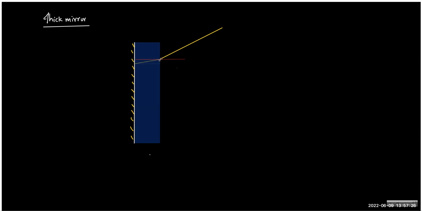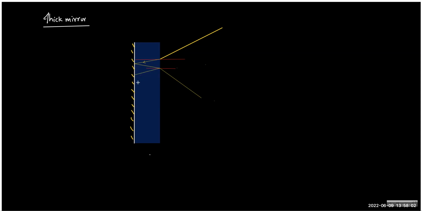Okay. So now it will hit the mirror, and after hitting, it will reflect back. Again, let me draw the normal here. So then it will refract. But some part will also reflect back. There is nothing like 100% refraction or 100% reflection.